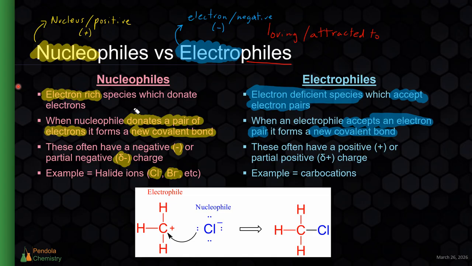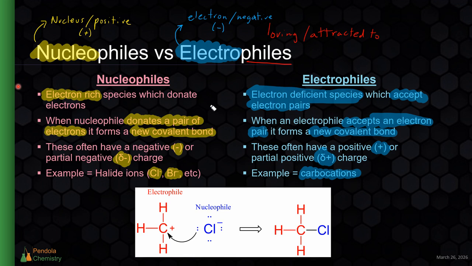So nucleophiles donate electron pairs because they're electron rich, to form new covalent bonds. Electrophiles accept electron pairs because they're electron deficient, to create a new covalent bond. Because they're electron deficient, a lot of times they'll have either positive or partial positive charges. So carbocations are a great example of an electrophile.